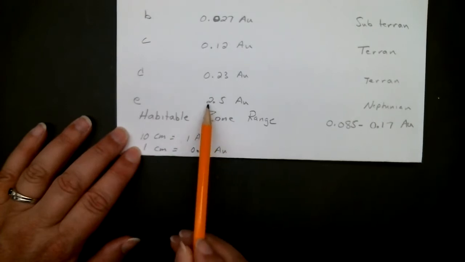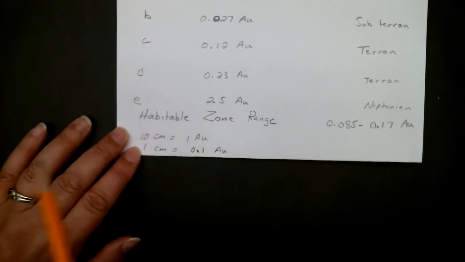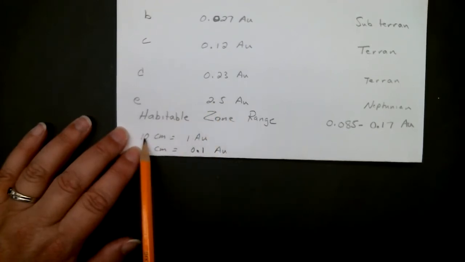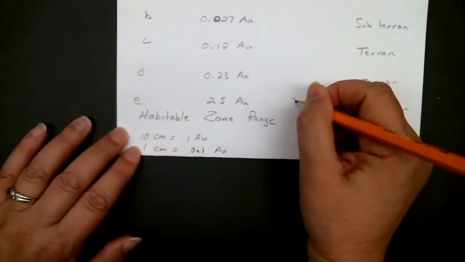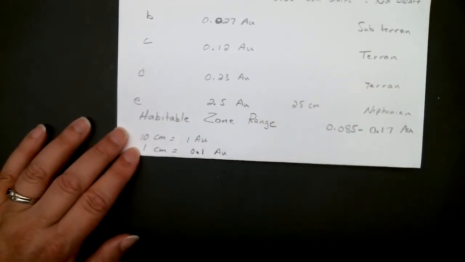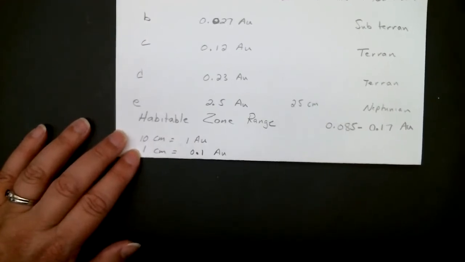So I have 2.5 astronomical units, so I'm going to take 2.5 times 10, and that gives me 25 centimeters. That is how long my system will be, 25 centimeters.